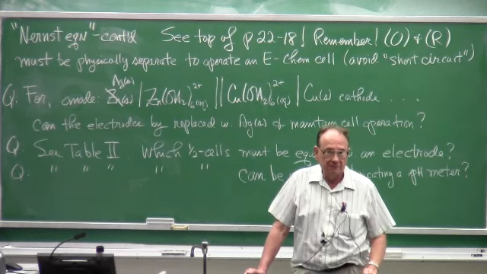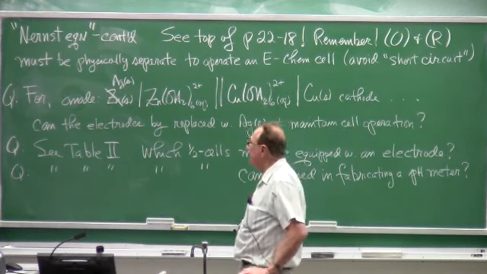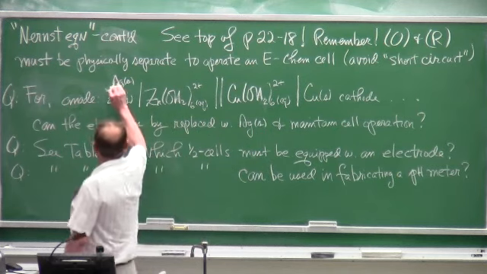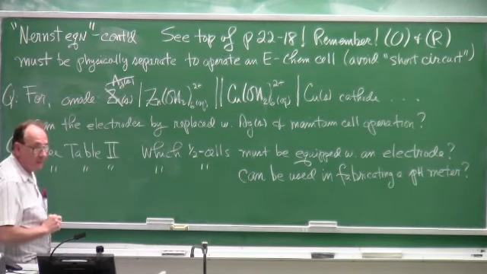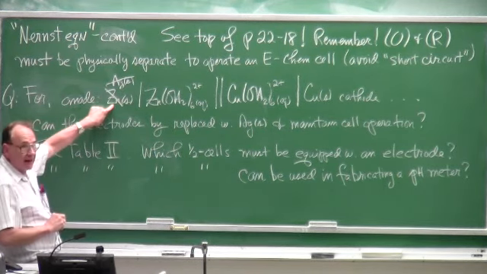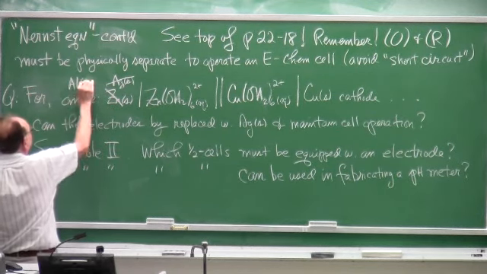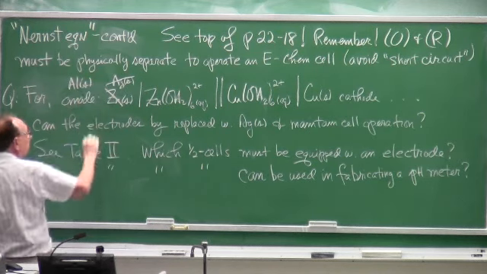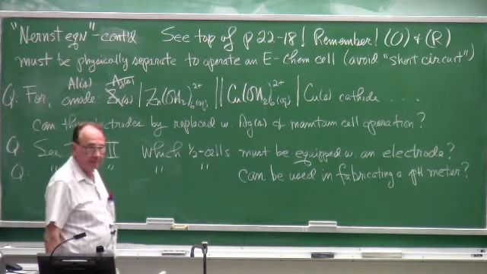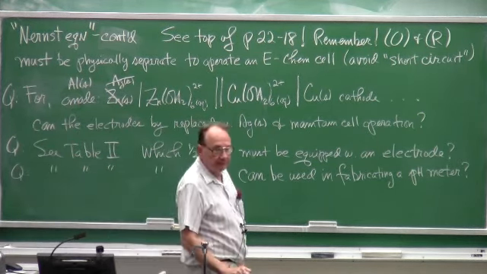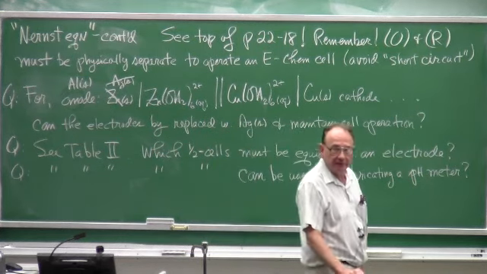Now, what would happen if instead of the silver strip, I take away the zinc anode material and I put in a strip of aluminum? I take one of my empty beer cans.